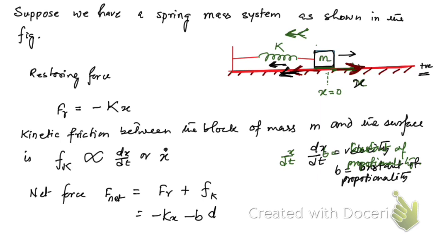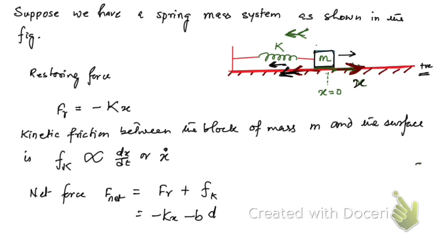So here you see, the kinetic friction Fk is minus b dx/dt. The negative sign is there because it acts in the opposite direction of the displacement. The derivative of x with respect to time t gives the velocity, dx/dt.